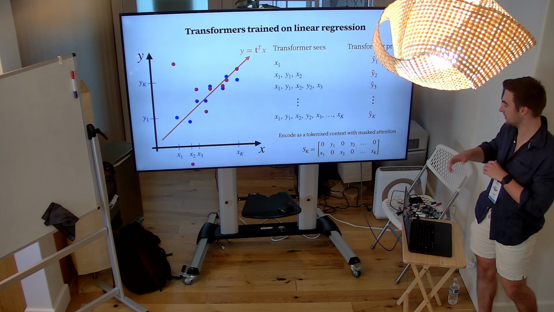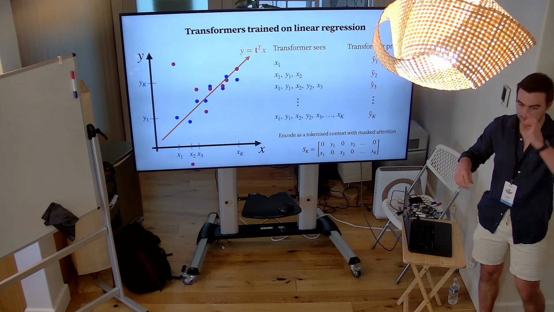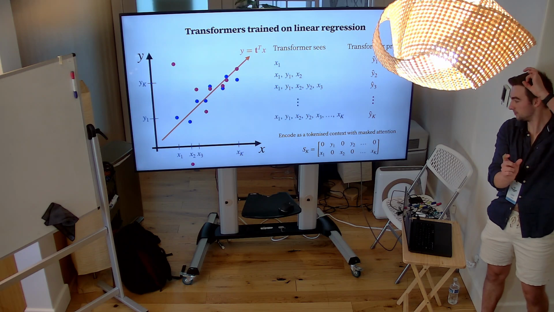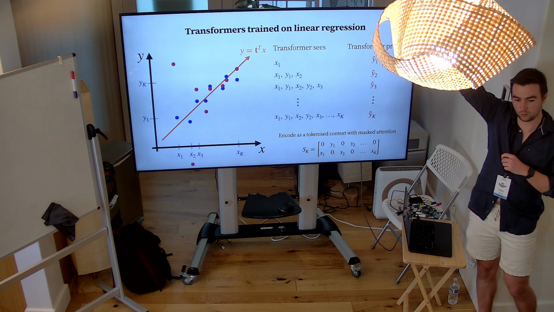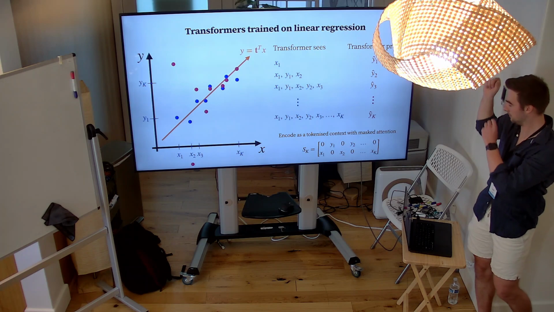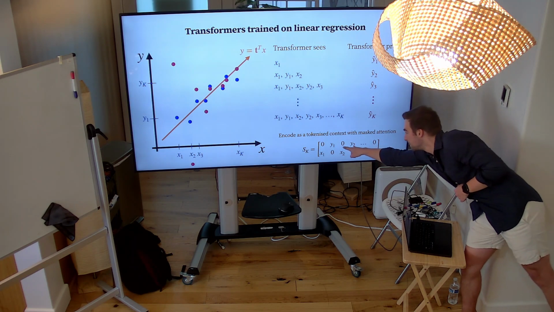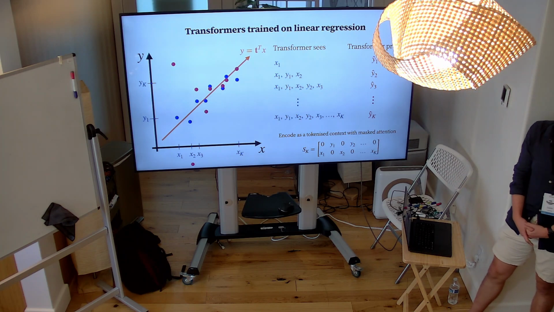I forgot to say that, but here each column is a token and then d rows representing the x, and then a single y, then zeros, etc. And so the transformer is just being trained on these y values here. How well is it predicting those y values?